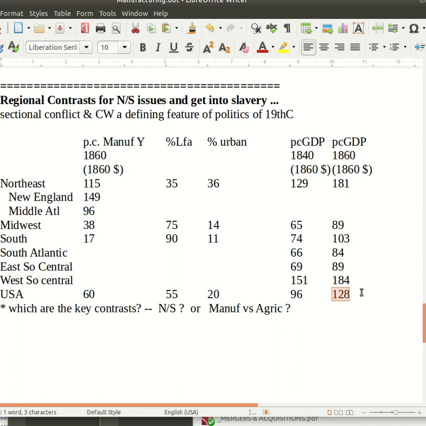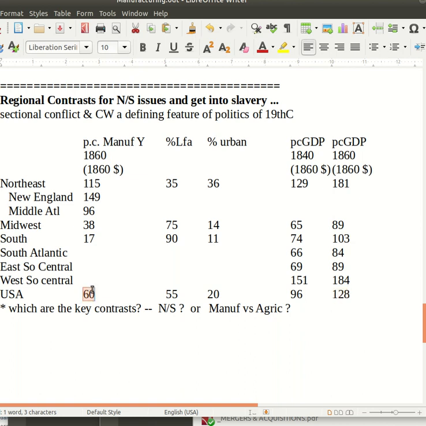You do 60 divided by 130, and you get 46% of GDP being manufacturing. And that sounds high to me. I'm suspicious that I might have messed up the numbers a bit. But anyhow, let's focus on the regional contrasts.